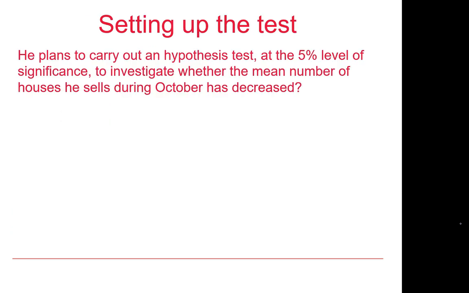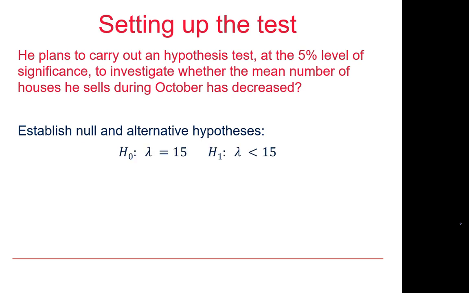Our null and alternative hypotheses would be lambda is 15, no change, or lambda is less than 15, there has been a decrease. And we're testing at the 5% significance level.